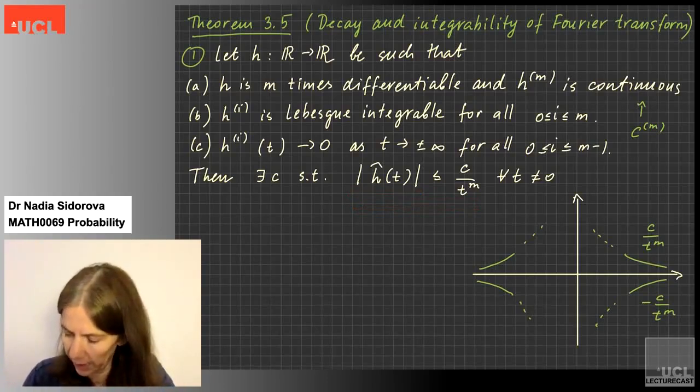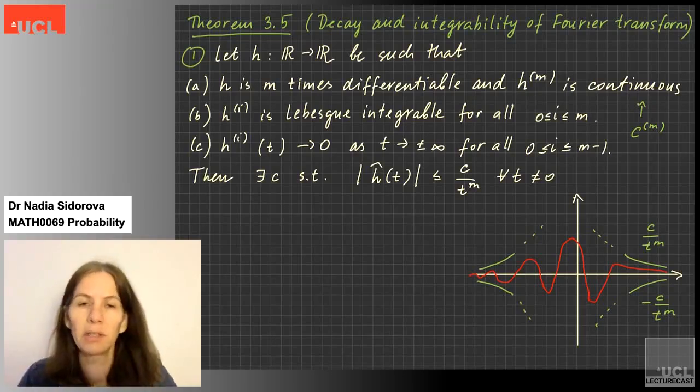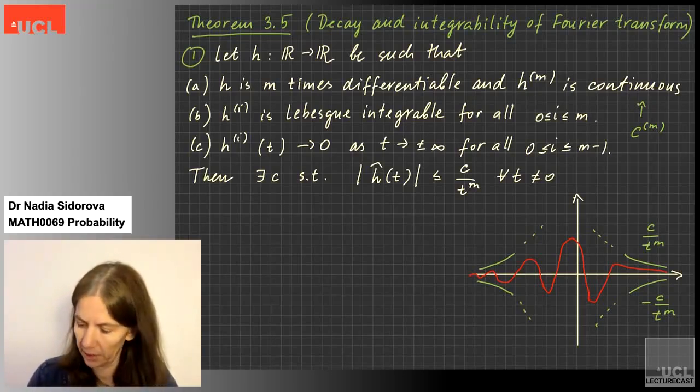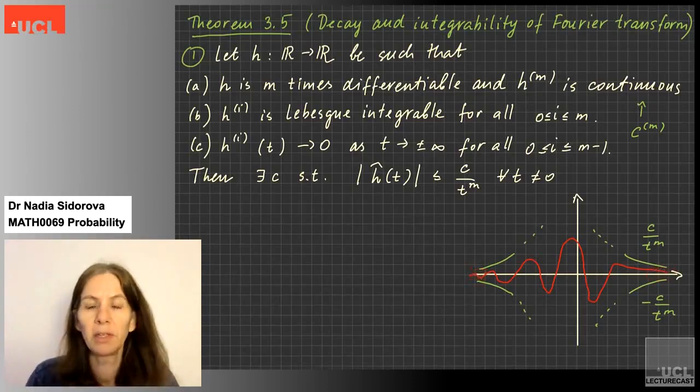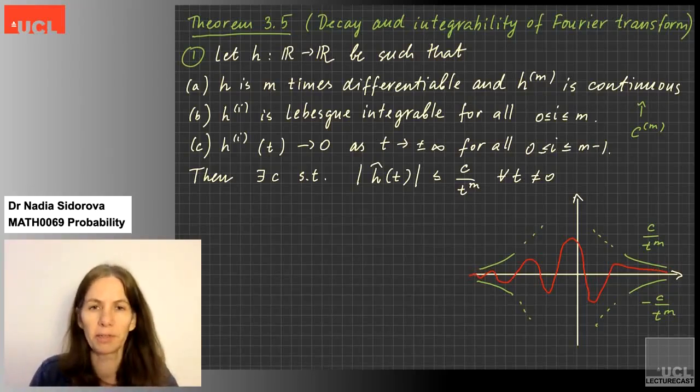So it can oscillate like this. Then I don't know at all what it does in the middle, and I'm not interested. And maybe it doesn't oscillate on this side, but just remains positive, so no one knows. But what's important is that I know it is not bigger than t to the power minus m times some constant around plus and minus infinity.